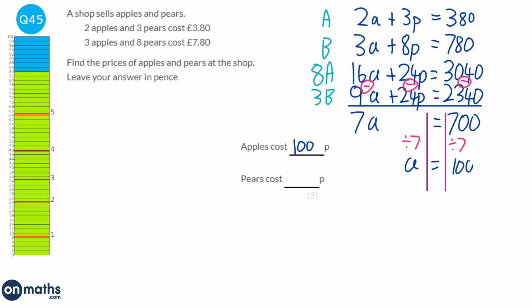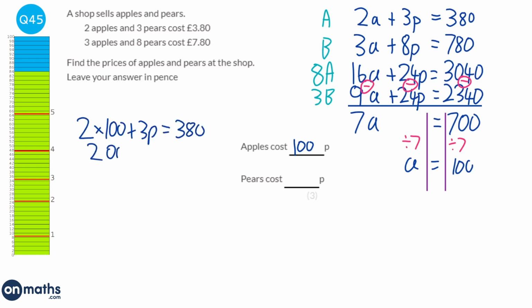We need to work out what pears cost. So I just need to pick one of the equations. I'm going to pick this top one here, and I'm going to write it out. But instead of a, we know that a is £1 or 100 pence. So 2 times 100, that's 200, plus 3p equals 380.